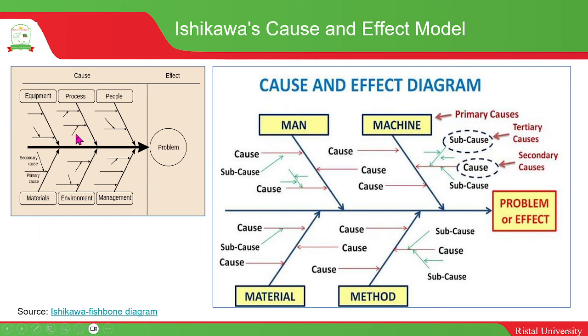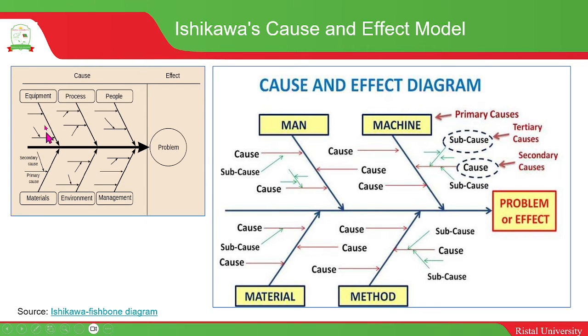So Ishikawa's structure is trying to tell us that what we see as the backbone here is the root causes of the problem that we are seeing here, which is the head. Several factors could be the primary causes of this problem, the main ones.